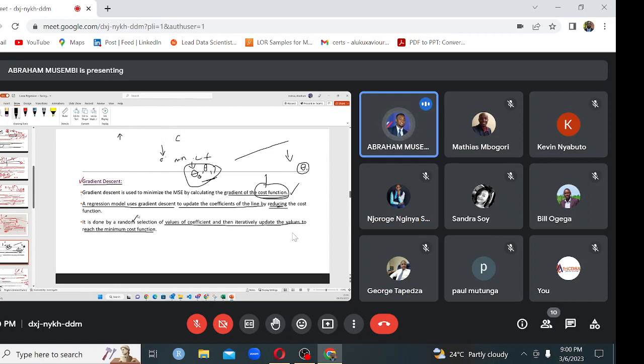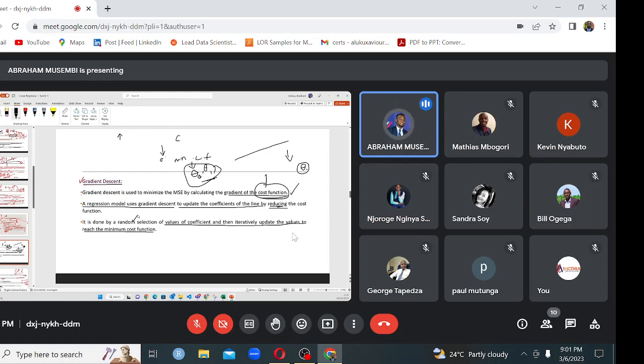So this is done randomly. It is like a scenario analysis, whereby you are randomly choosing your coefficients.